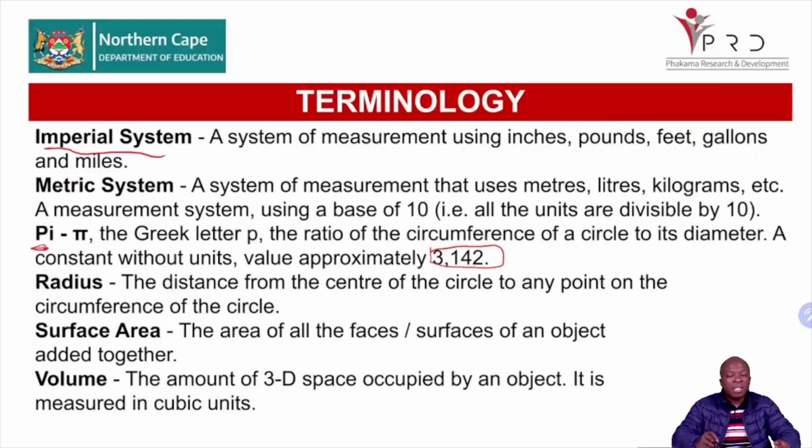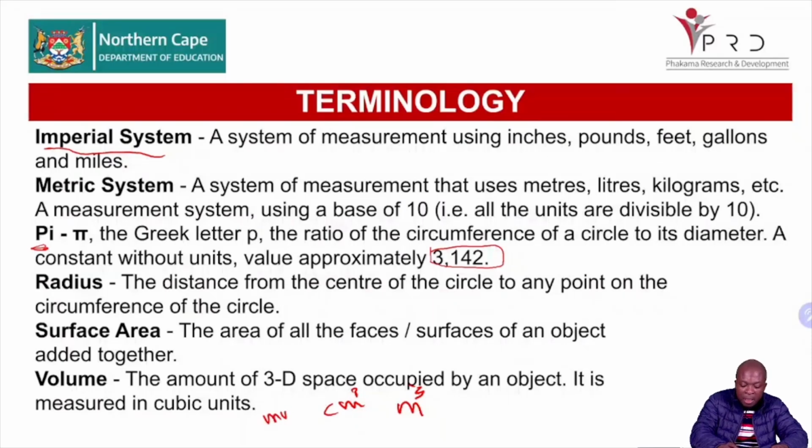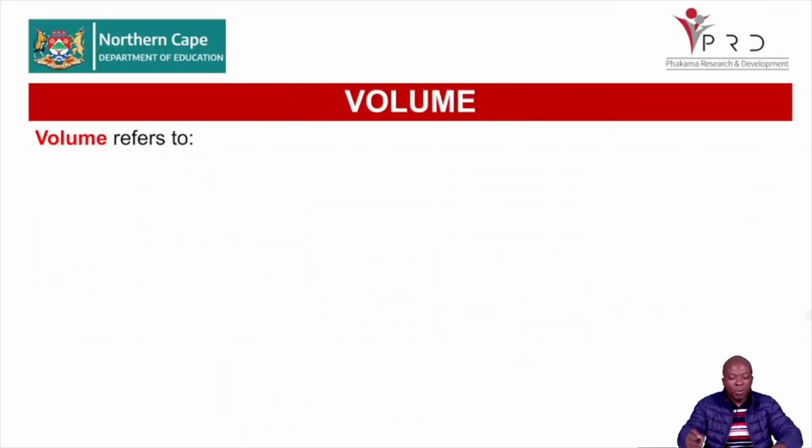Whenever you see that we are writing volume, it is the amount of 3D space occupied by an object. So volume is the amount of space occupied by an object. It is measured in cubic units, meaning to the power of 3, like meters cubed, centimeters cubed, millimeters cubed. I hope you understand that.